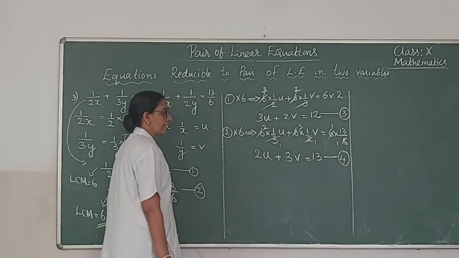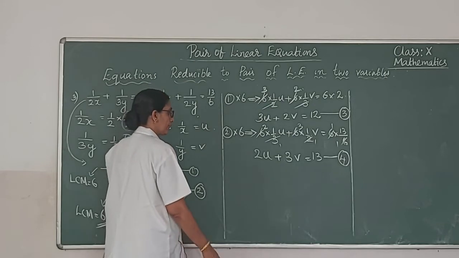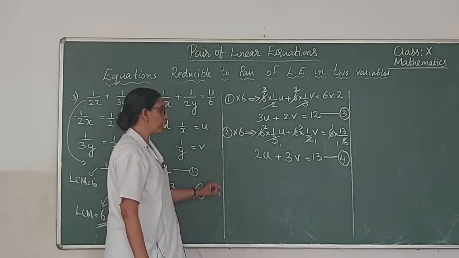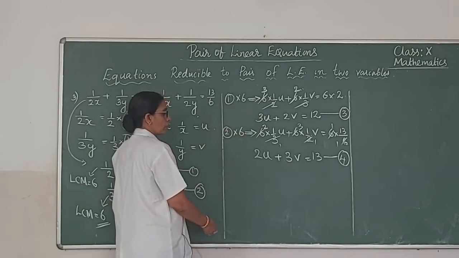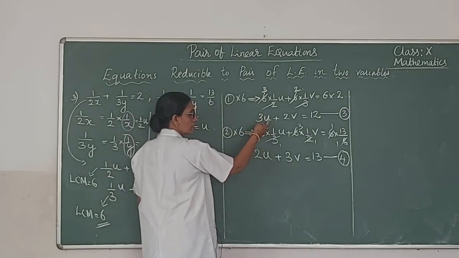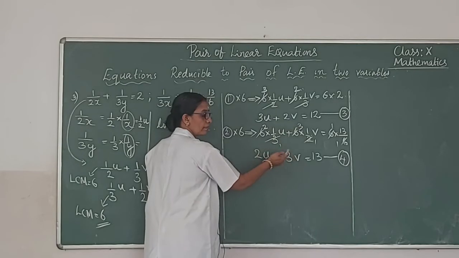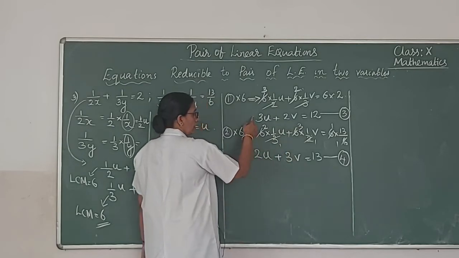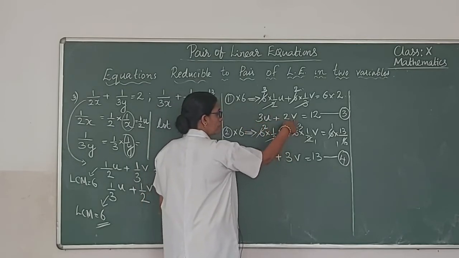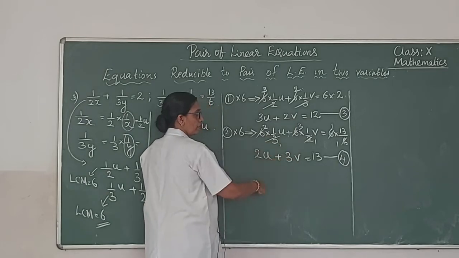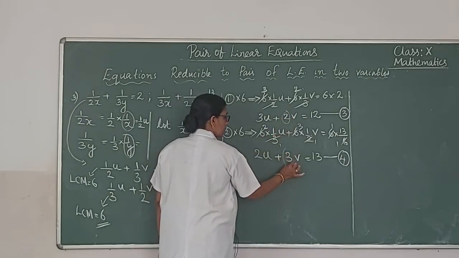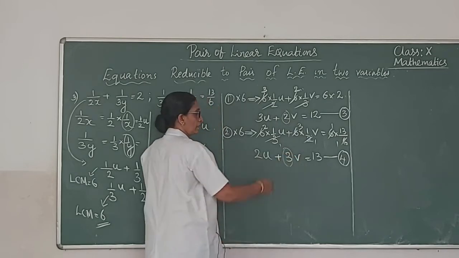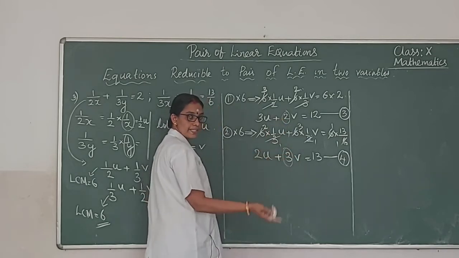Now we can apply any one method. Here also I am going to apply the elimination method. We can equalize the coefficients of either u or v. Here I am going to eliminate the v term. For that we have to equalize these two coefficients. What is the LCM of 2 and 3? 6.